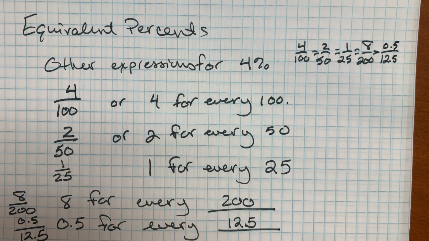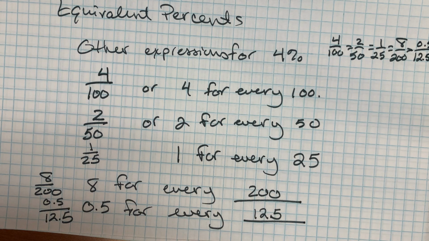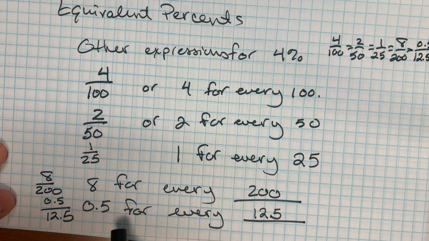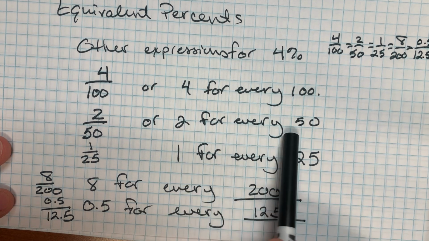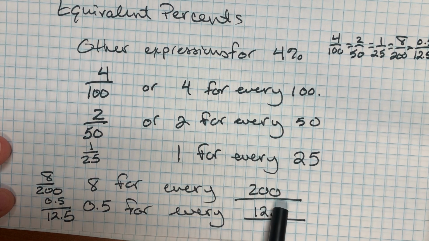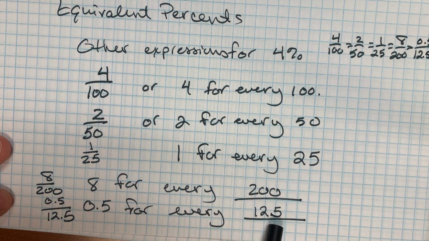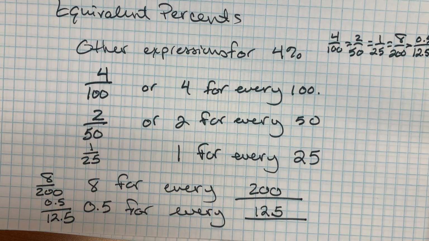That's a hard one to say. I just want you to know that while percentum gives us this per 100, we could talk about per 50s, per 25s, per 200s, and per 12.5s, right? These are all equivalent ways of interpreting our fractions.